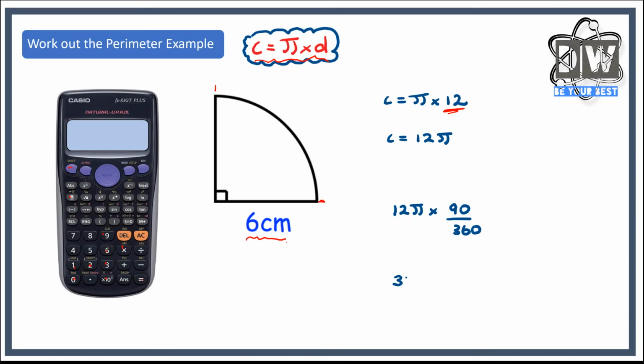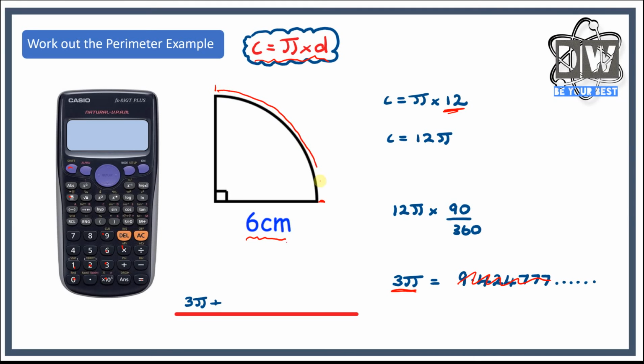That's going to give us 3 pi, which as a decimal is 9.424777 and so forth. We're not going to use this figure. We're going to keep it as 3 pi, because 3 pi is the distance from here to here.